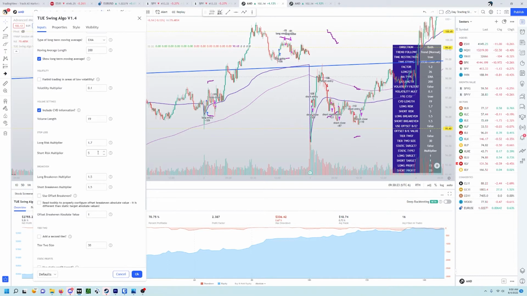So let's do the same thing here with the short risk. Okay, we're at 2.4. 0.41. 4.1. 4.6.